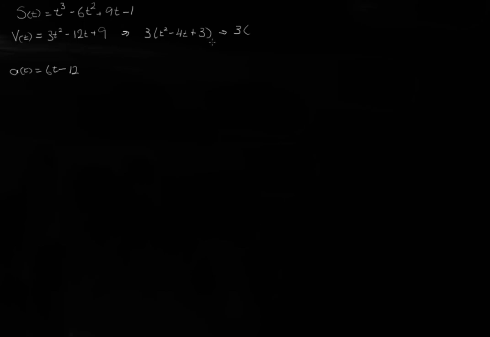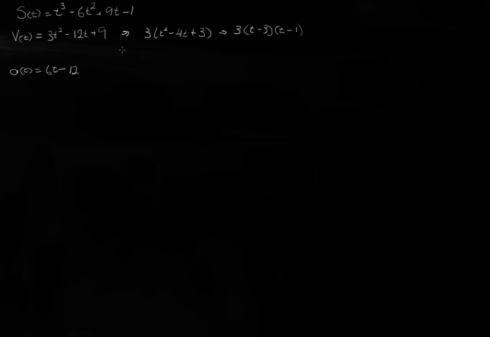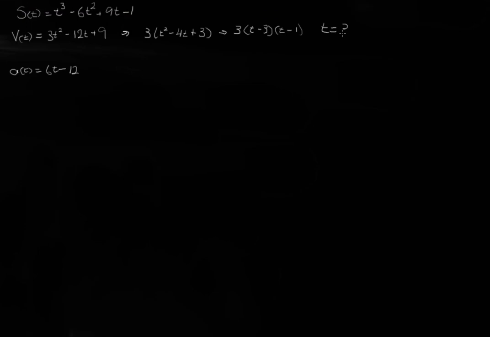When they're added together they get minus 4. So that is just going to be minus 3 and minus 1. Alright, so you can see that when the velocity is equal to 0, x, in this case t, is going to be equal to 3 and 1. So for our sign diagram, we're going to have points at 1 and 3.